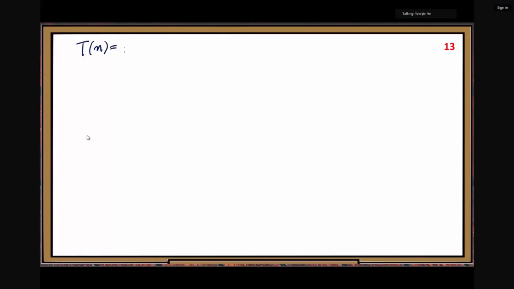This is our recurrence relation. This time we do estimation using a special way.